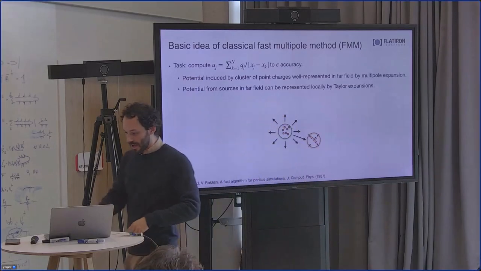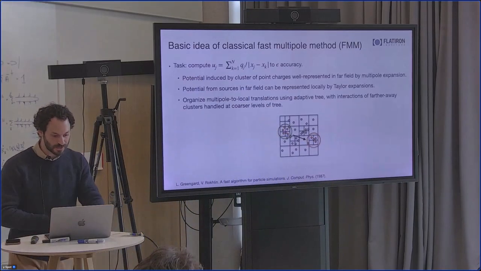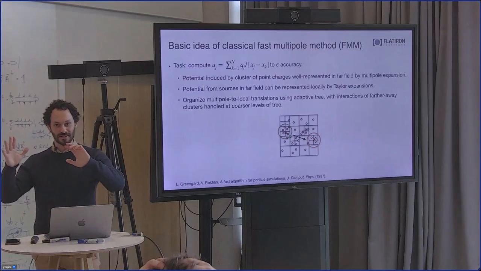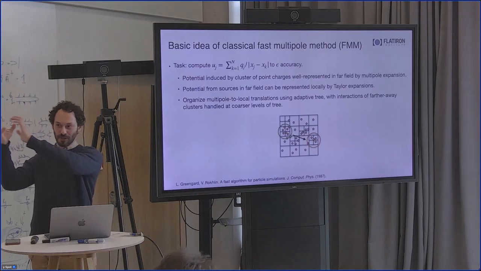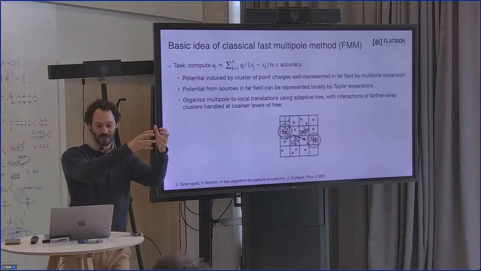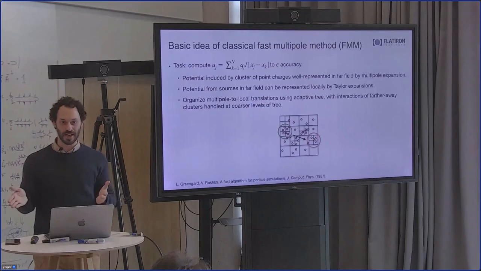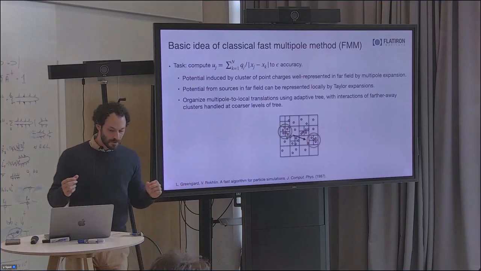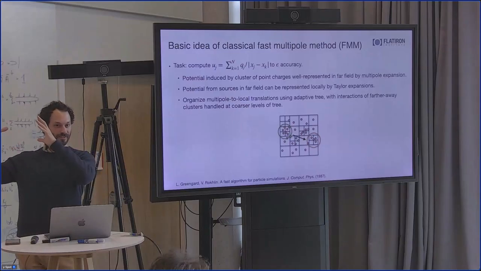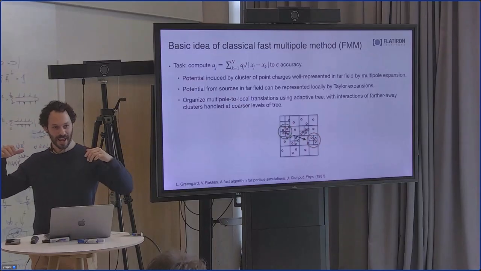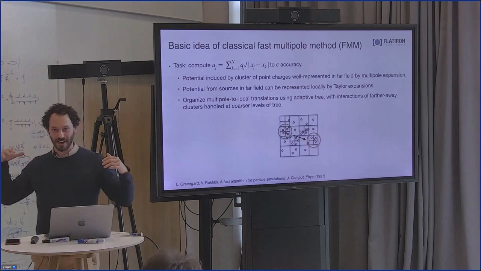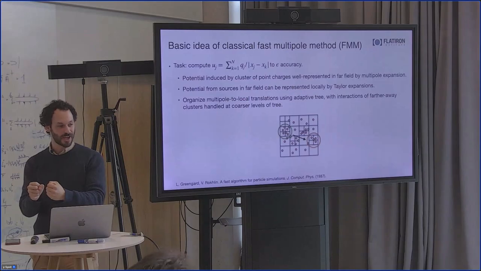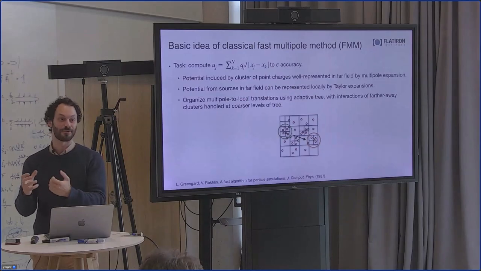What the fast multipole method does is organize these translations of multipole coefficients to local coefficients using an adaptive tree in a hierarchical manner, such that big clusters of particles that are very far away from each other get handled, this information gets shipped at a coarse level of the tree, and clusters of particles that are closer together, the information gets shipped at a finer level of the tree.